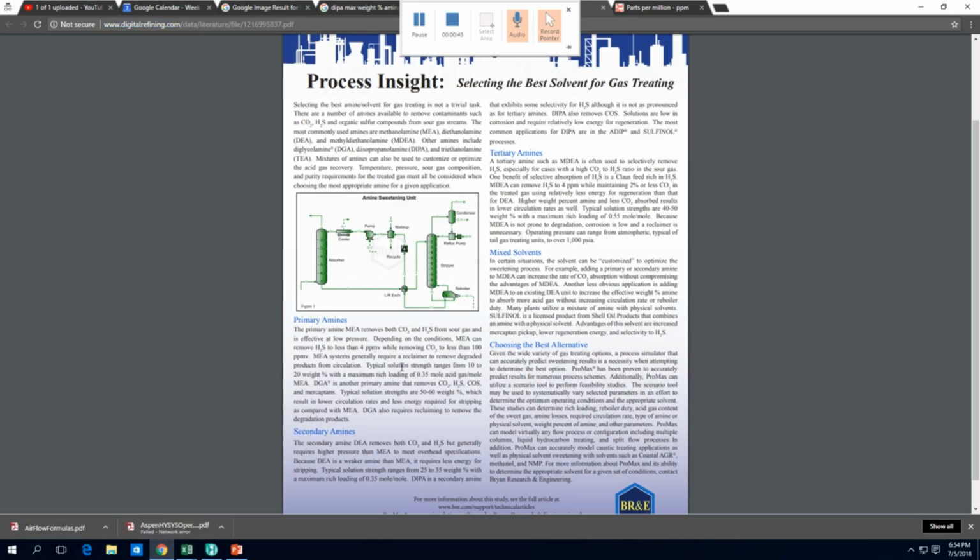So how are we going to do it? Well, firstly we want to use this thing called amine gas treating, and there are a few ways we can do amine.